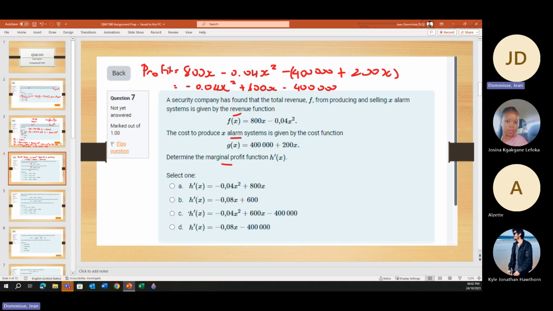Okay, and then if we take the first derivative of that, so you take that to the front, so it becomes minus 0.08x, plus 600. And that minus 400,000 will fall away, so we're sitting with option B.